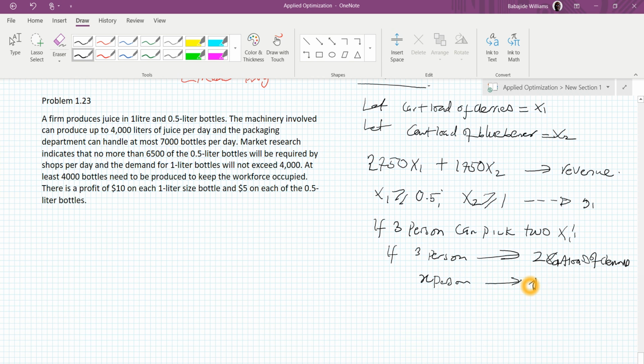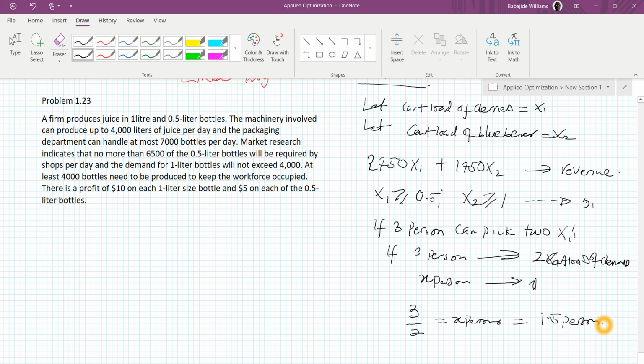I just do a simple cross multiplication there. So you have 3 over 2 equals x persons, and that is 1.5 persons. This is not really practical, but it's essential for calculations right now.